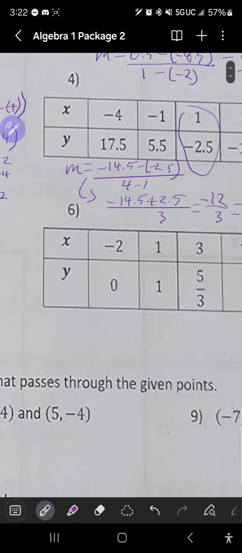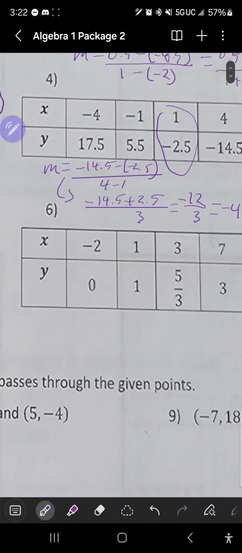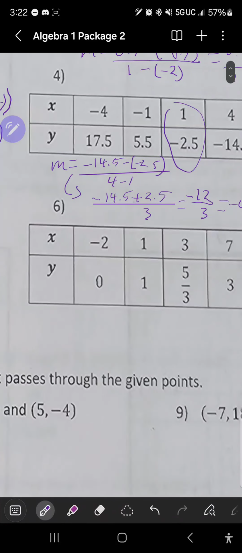Now the last one is going to be m equals 1 minus 0 over 1 minus negative 2. So 1 minus 0 is just 1. This will be 1 plus 2 since minus a negative is positive.